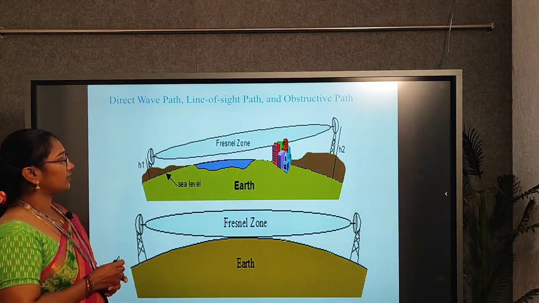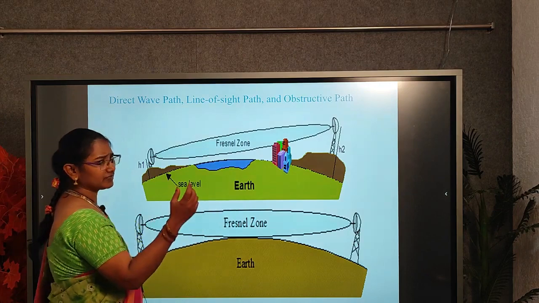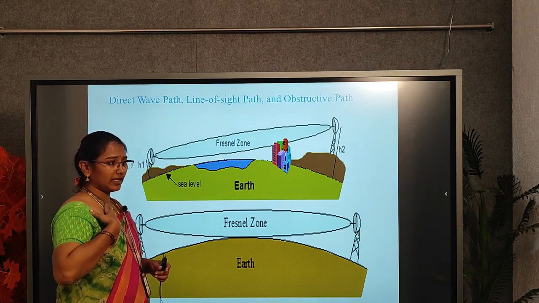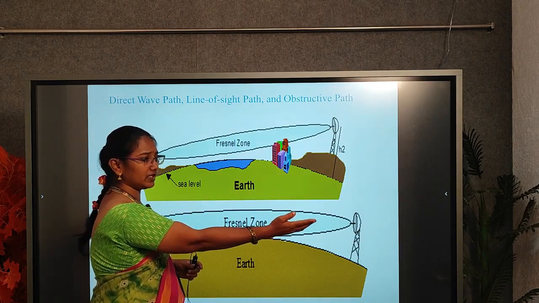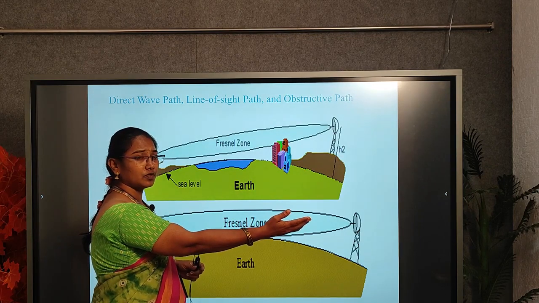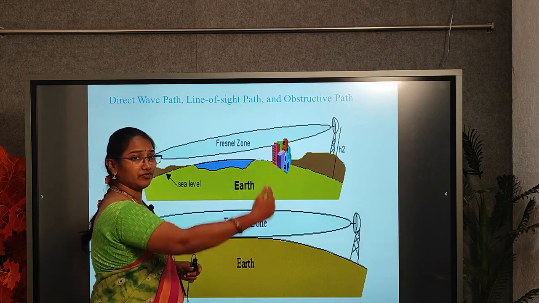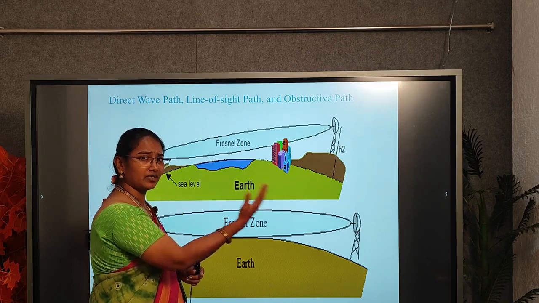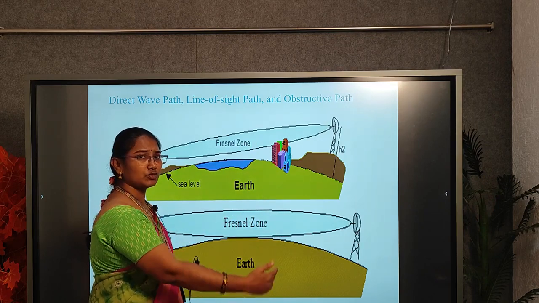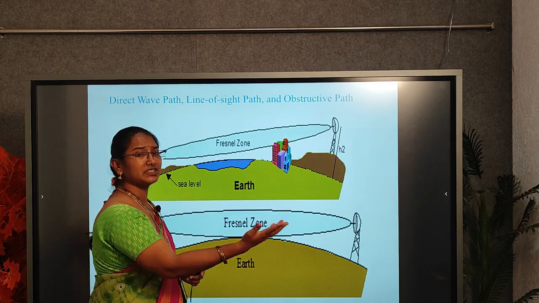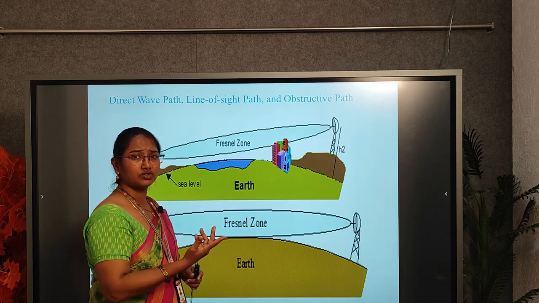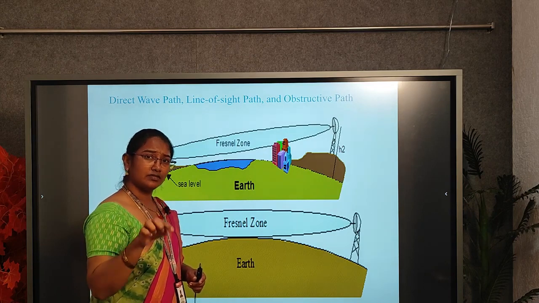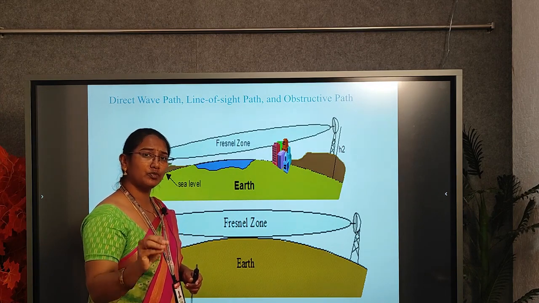See here, we already know about line of sight, right? So viewable parts, suppose I can see this part, so it's a line of sight. If there is any obstacle in between the first party and the second party, like two antennas, then there is no possibility of communication. So line of sight is not possible, so communication is not possible. If line of sight is there, proper communication will be there.